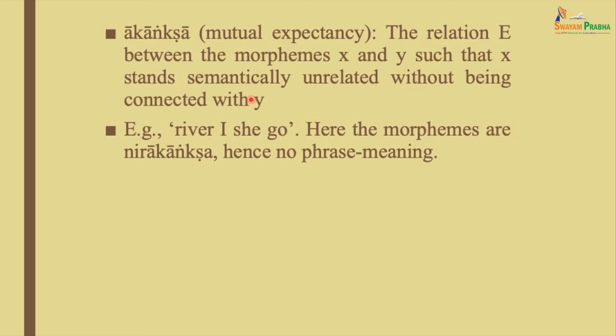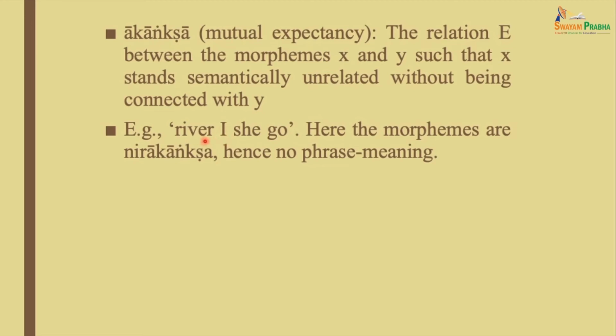It is the relation E between the morphemes X and Y, such that Y stands semantically unrelated, unconnected, without being connected with X. For example, river, I, she, go. What does it mean? Look at river. What kind of connection does it have with I or any other thing? So it stands nirakanksha, unconnected. So this string is not grammatical. The same happens to I.